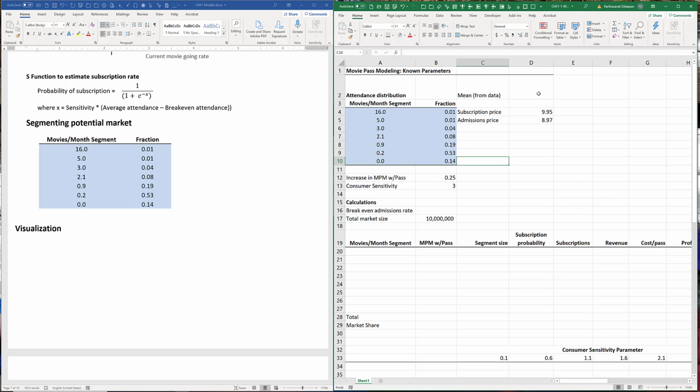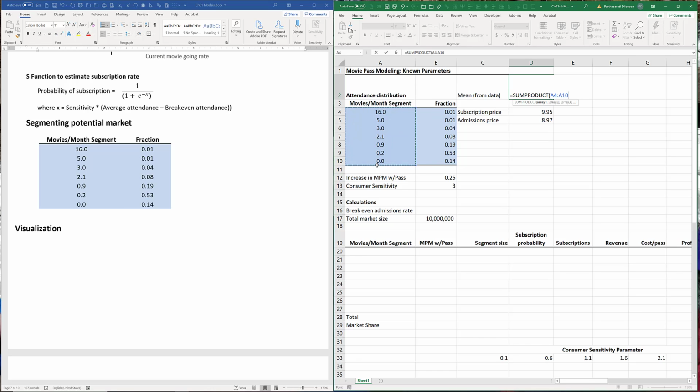Now from this we can find the average movie going rate by multiplying the number of movies seen in each segment by the fraction, and then summing that product. You can do this with the SUMPRODUCT function in Excel.